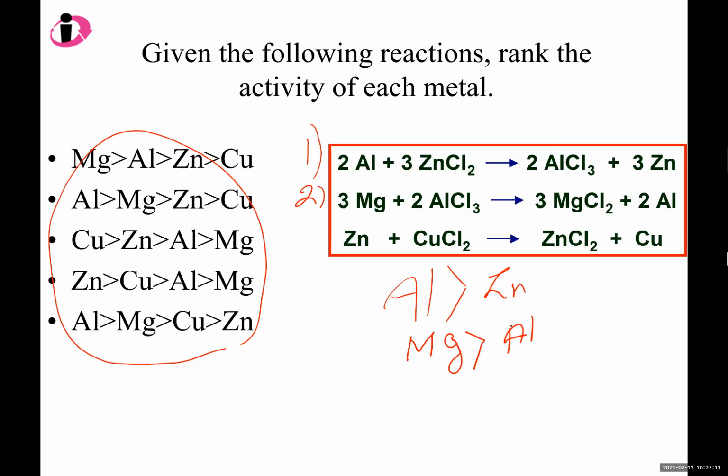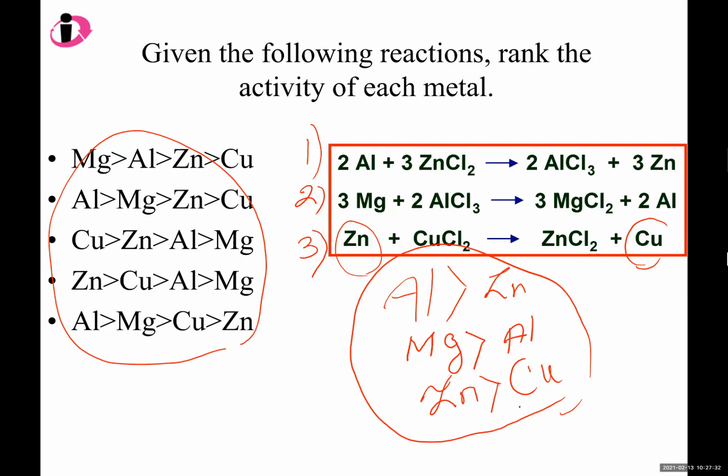And let's take a look at reaction number 3. If the reaction is happening, it simply means that zinc has higher activity than copper. So I write here, zinc has higher activity than Cu. Now, let's combine these 3 together. So, is this suggesting that Al has higher activity than zinc?